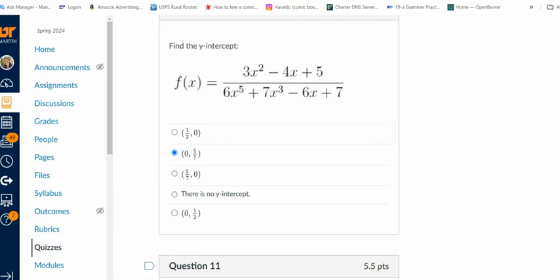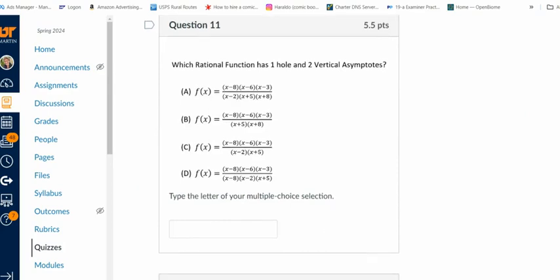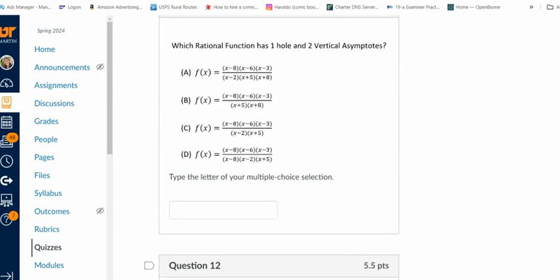All right, continuing. Okay, now you get a hole in the graph wherever there is cancellation. So a hole is created when there's cancellation. And the number of cancellations give you the number of holes.